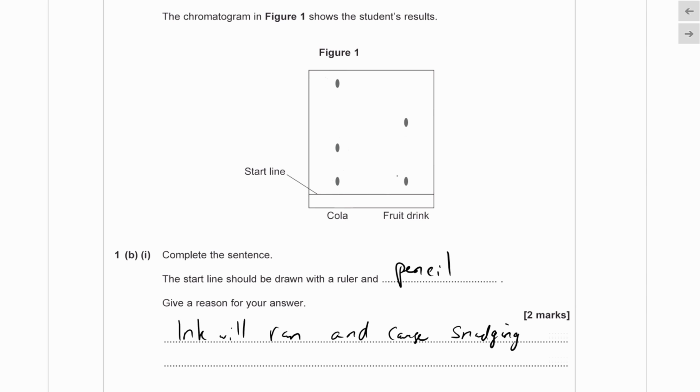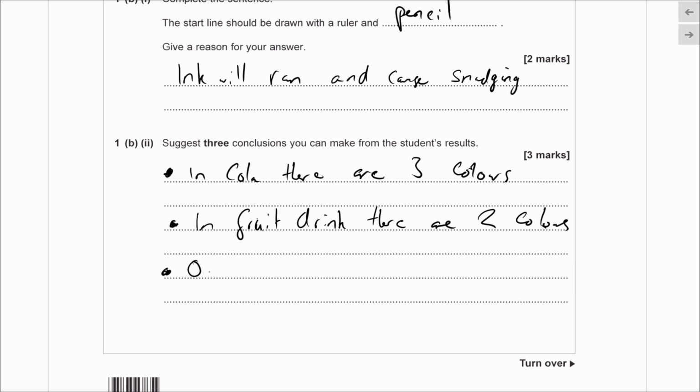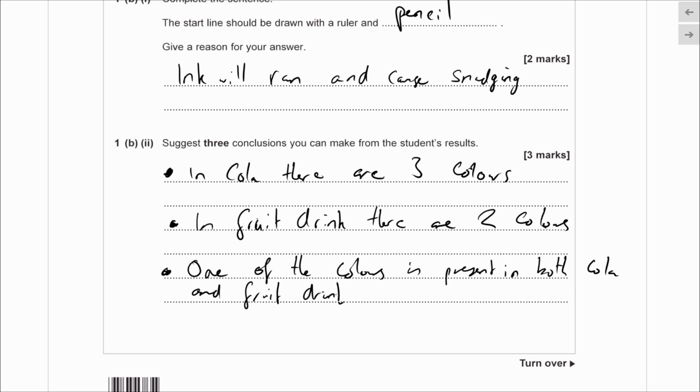But bearing in mind these are at exactly the same position, we can say that one colour is common between cola and fruit drink. Or I can say one of the colours is present in both cola and fruit drink. Alright, so let's move on.